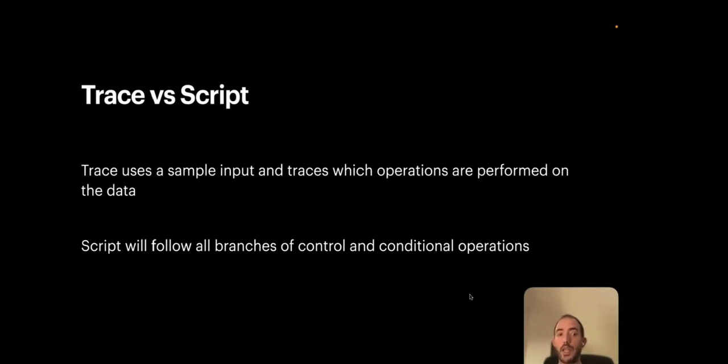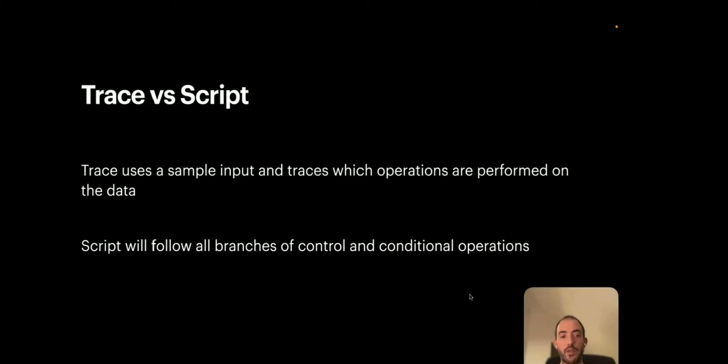So if our model had any of these conditionals, we would not be able to use trace in order to create the model. We'd have to use script, which is essentially, earlier we had torch.jit.trace, we'd have to do torch.jit.script. JIT stands for just in time.